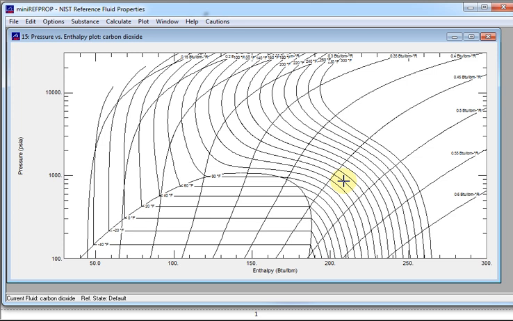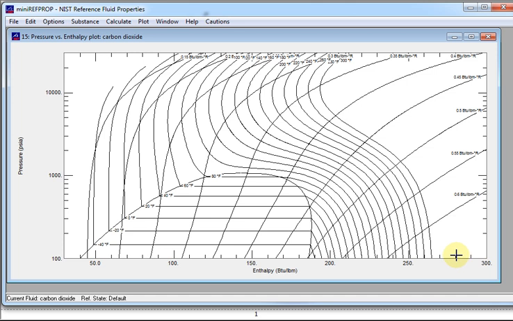What does the constant temperature curve do across enthalpy? How it goes as it increases in pressure. There's a point where the enthalpy decreases and increases again.